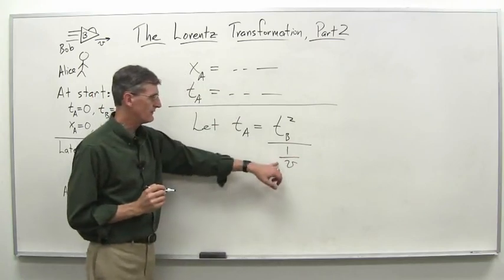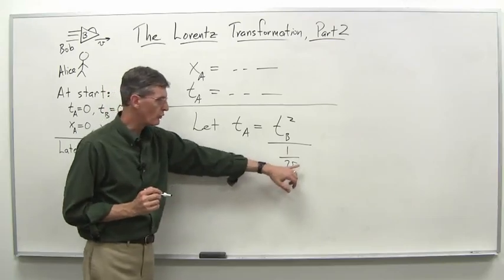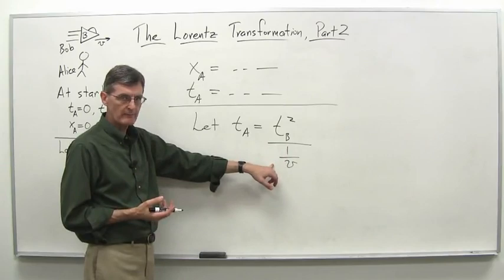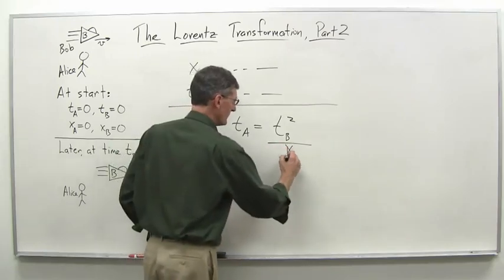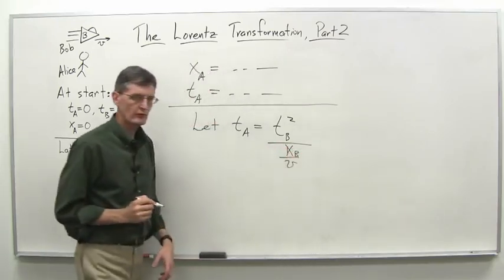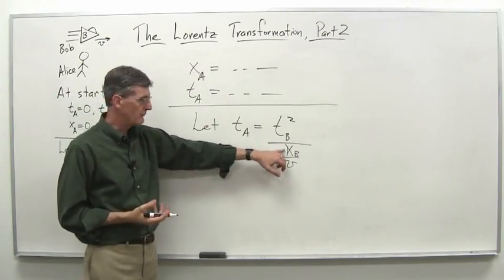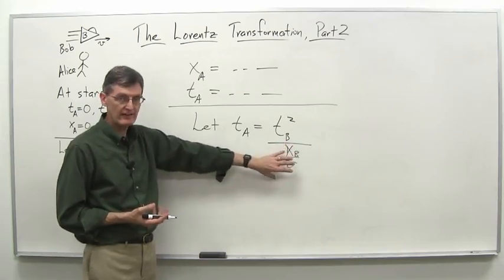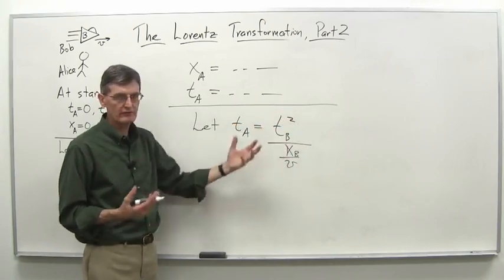If I have a v involved there, velocity is meters per second, so 1 over the velocity is seconds per meter. If I multiply that by XB, so XB divided by a velocity, meters divided by meters per second, gives me units of seconds down here. I've got seconds squared on the top, so the whole thing turns into seconds.